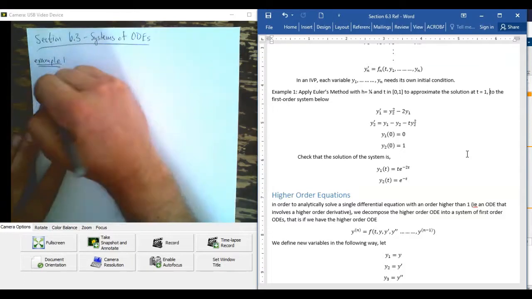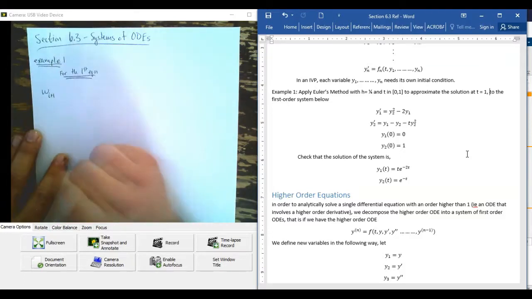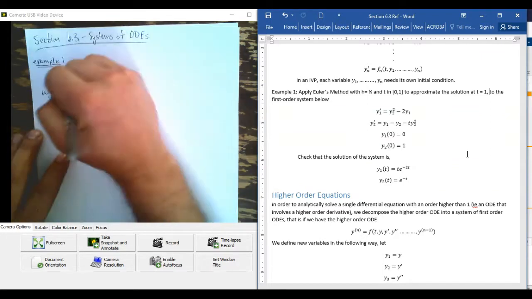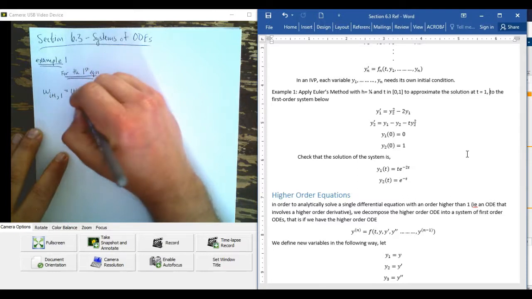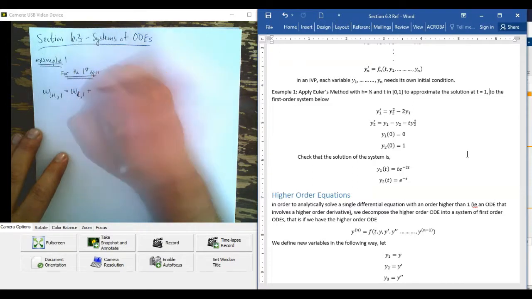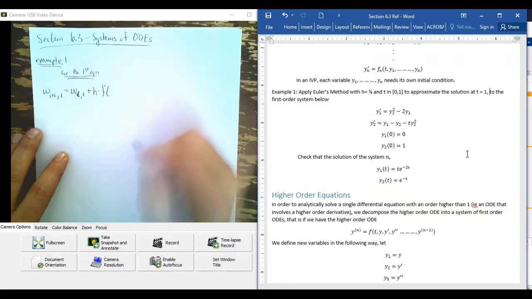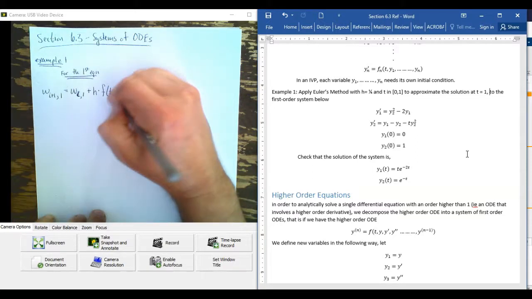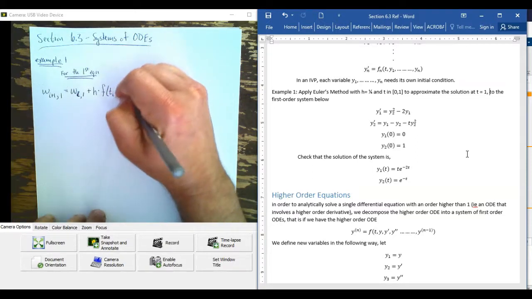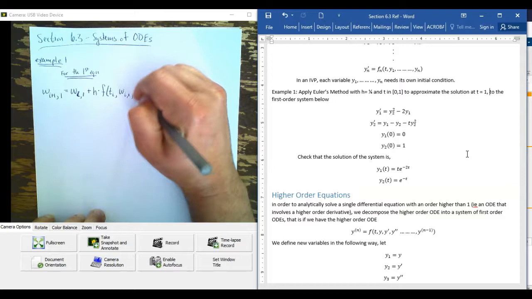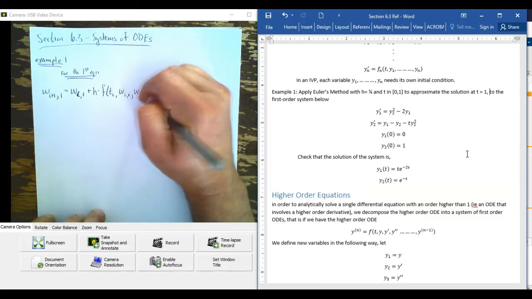So the next function value for the first equation would equal the approximation at the previous step, say i, of the first equation, plus h times f of the previous t, the previous approximation for the first equation, and the previous approximation for the second equation.